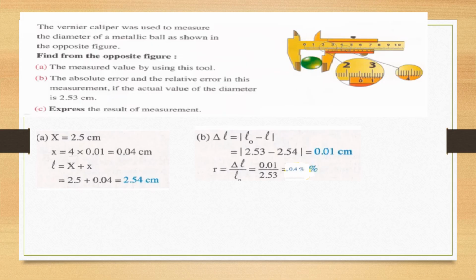Relative error equals delta L over L naught, 0.01 over 2.53, which gives a relative error of 0.4 percent. C, express the result of measurement: L equals L naught plus or minus delta L equals 2.53 plus or minus 0.01 centimeter.